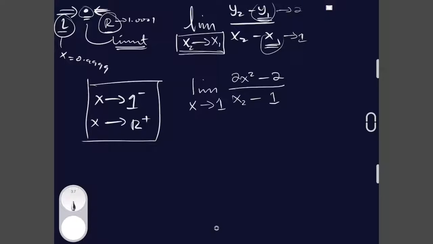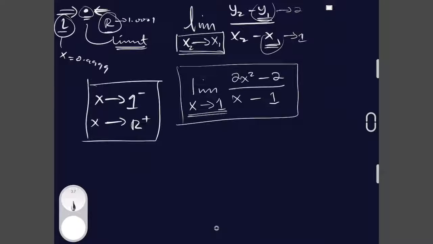Instead of saying x2, we can just say x, since we only have one x. And this is how we do the limit. So instead of picking points greater than and less than, we can just compute the limit as x approaches 1.